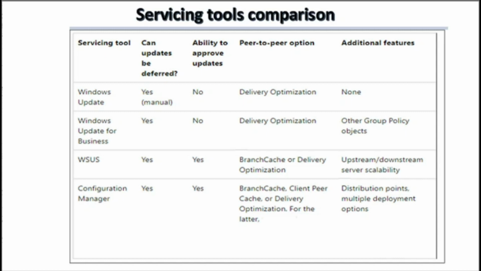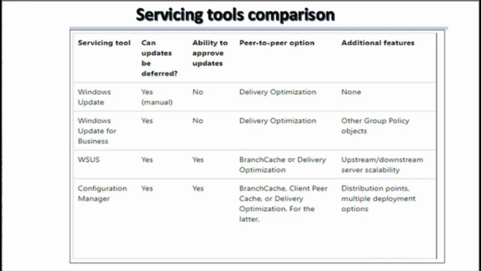Additionally, we can configure the Windows update channel as the general availability channel or any channel based on our requirement. We can select to scan and install driver updates as well as Microsoft product updates, but we cannot approve which updates a machine can and cannot install. Admins can also use delivery optimization to reduce the network bandwidth.